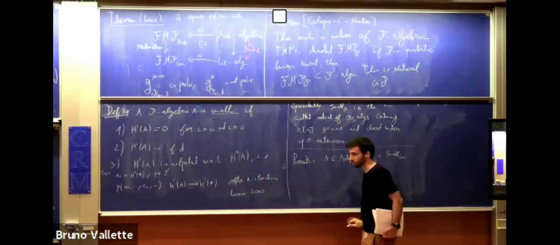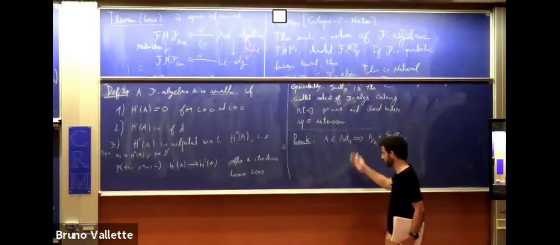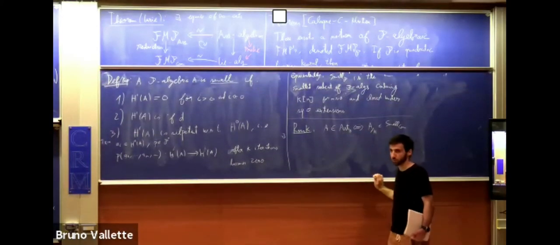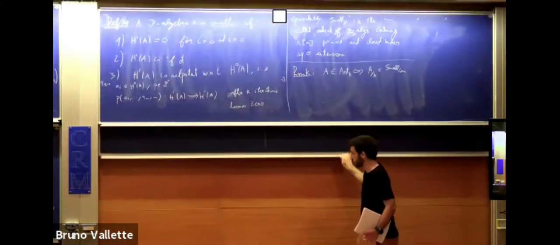I'll get vaguer and vaguer about whether things have units or not whenever it's relevant, but it's not a huge deal. If you're dealing with augmented or non-unital, everything is the same.